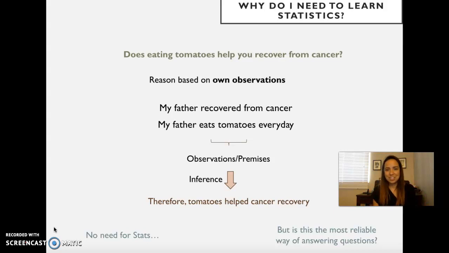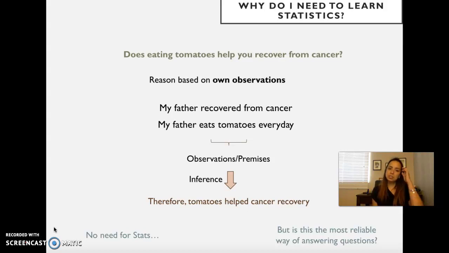To get a chance to think about it a little bit. There are a number of reasons why reasoning based on our own observations is limiting. But in this circumstance, I want to highlight one reason.